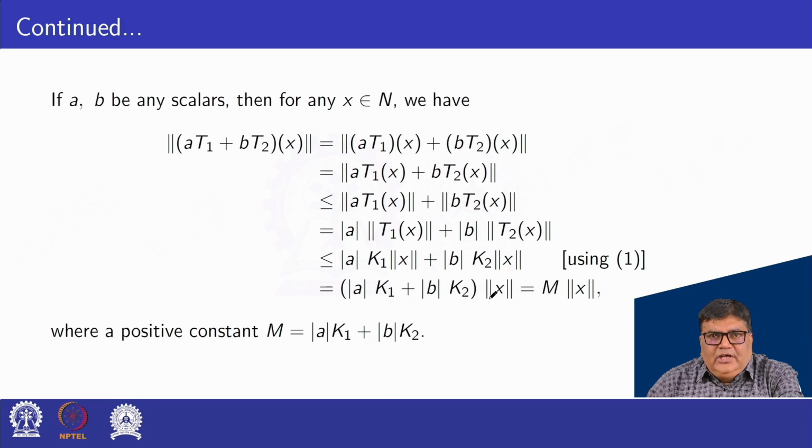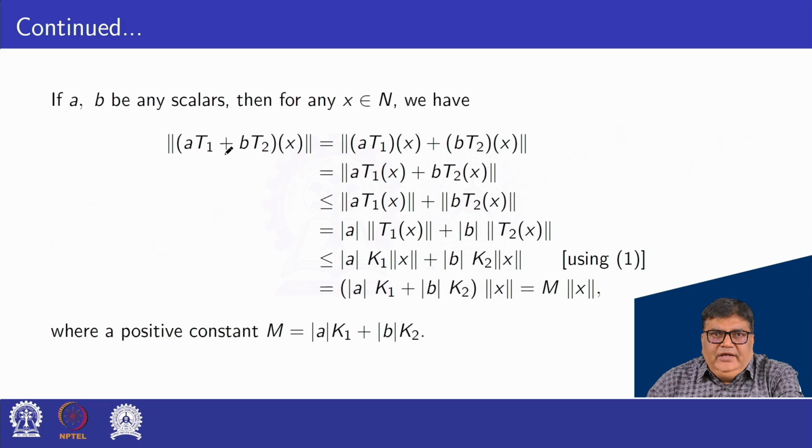Norm x is common, so we can write (mod a k1 plus mod b k2) times norm x, that is m norm x, where m is the positive constant mod a k1 plus mod b k2.